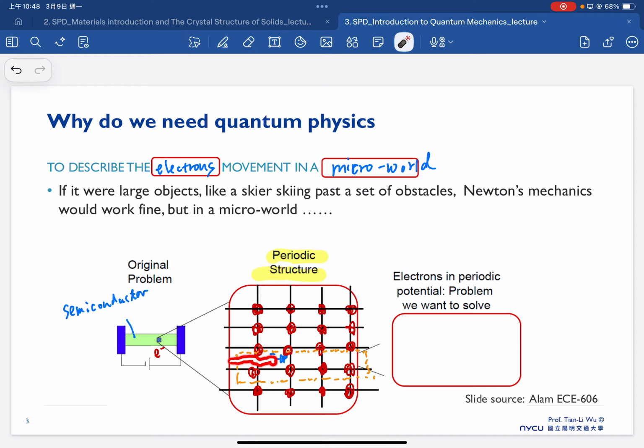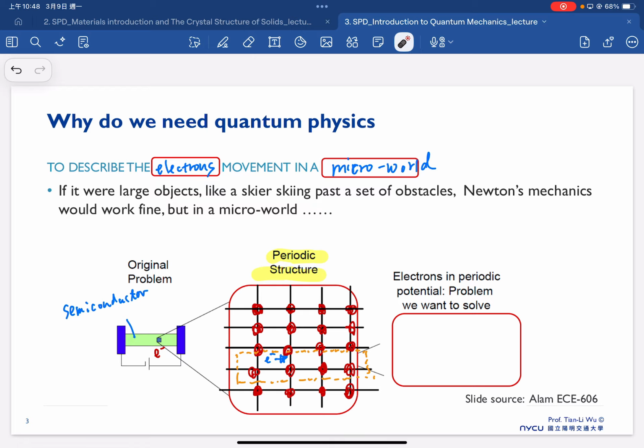The one difference is the potential. Once the electron is close to the atom, it faces one particular potential. Once the electron is far away from the atom, it faces another potential.